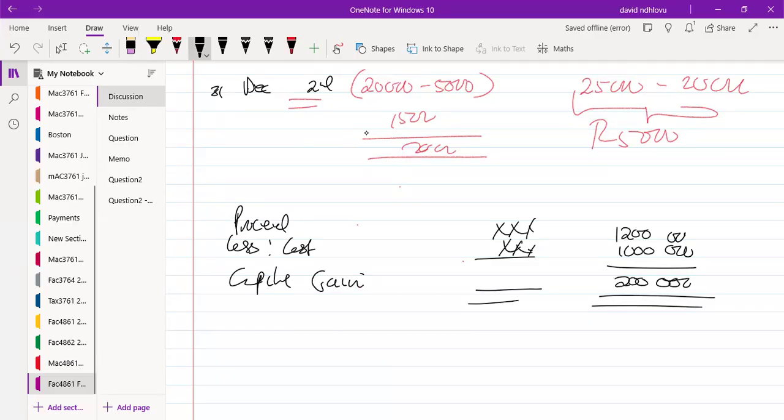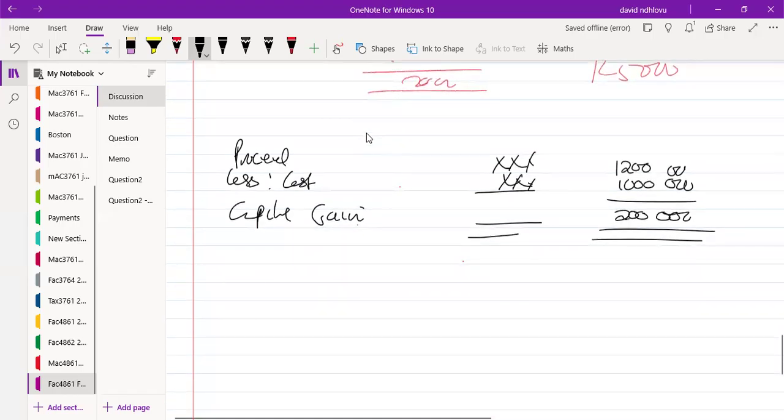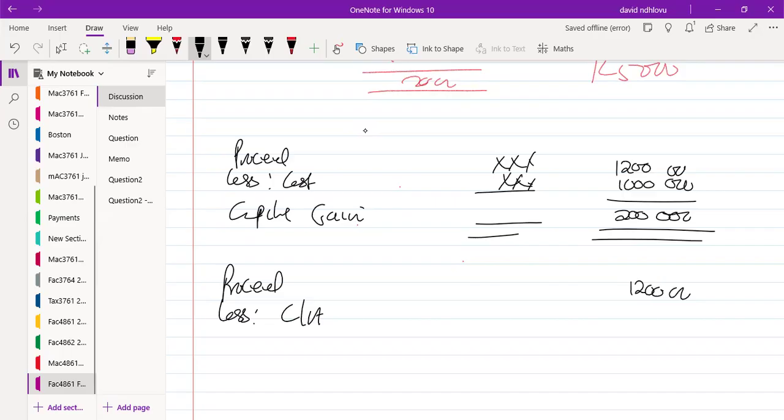Normally with an asset that is depreciable, the profit is not the capital gain, because you would have said proceeds less the carrying amount. Assuming that we sell for 1.2 million, but the carrying amount is now 800, we will have 400,000.